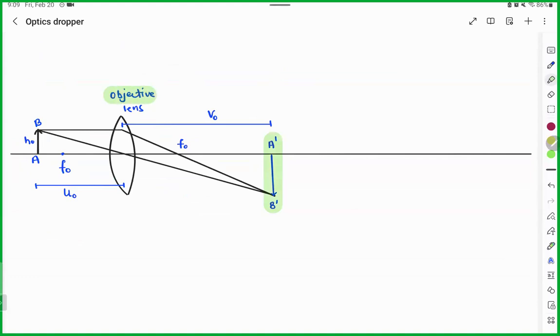This was the objective lens. Now you have to make one more lens which has a bigger aperture like this. Got it? So this lens, as you can see, is bigger, known as the eyepiece.